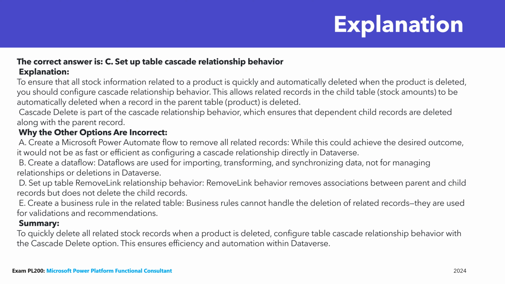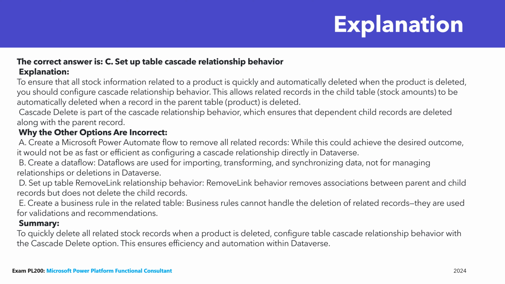Why the other options are incorrect? A, create a Microsoft Power Automate flow to remove all related records. While this could achieve the desired outcome, it would not be as fast or efficient as configuring a cascade relationship directly in Dataverse. B, create a data flow. Data flows are used for importing, transforming, and synchronizing data, not for managing relationships or deletions in Dataverse.